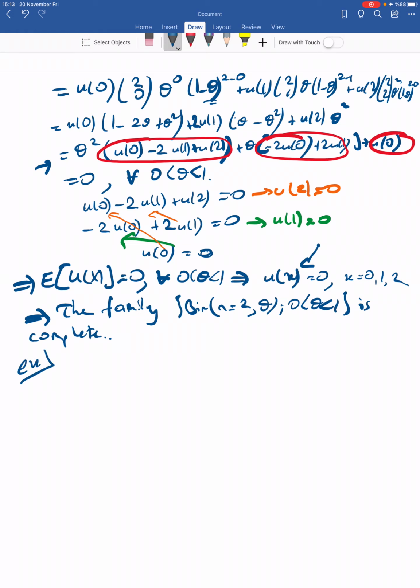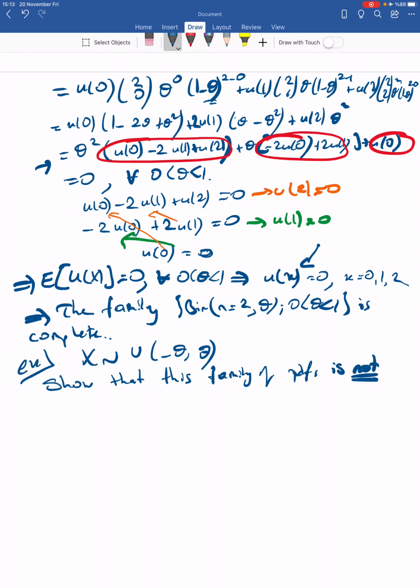Let's say we have a uniformly distributed random variable in the range minus theta to theta, and the question is to show that this family of PDFs is not complete.